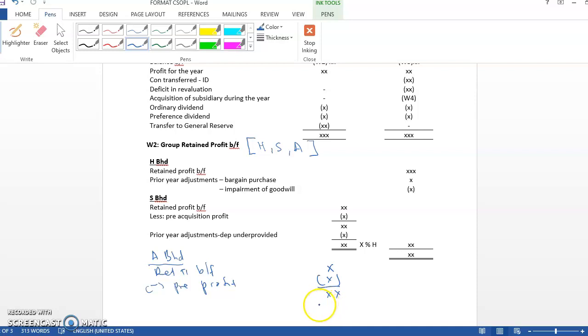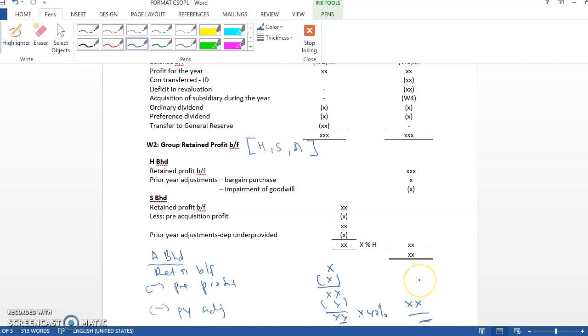But if you have any prior year adjustment, you will deduct your prior year adjustment first. Okay, prior year adjustment. And finally, you will times 40%. That is the percentage of acquisition. So you get your total here.